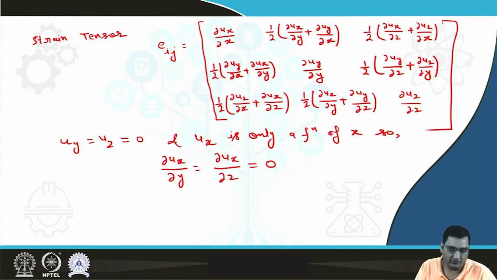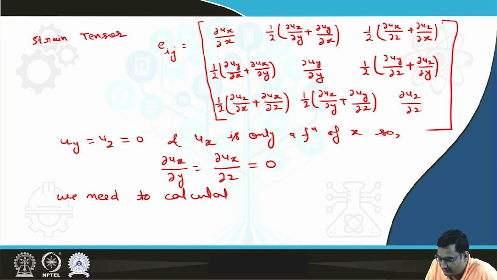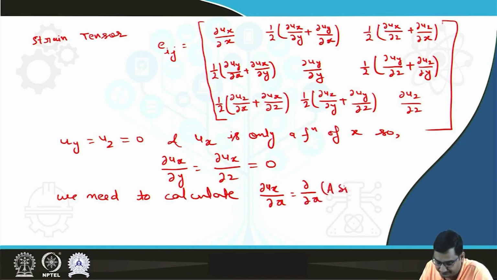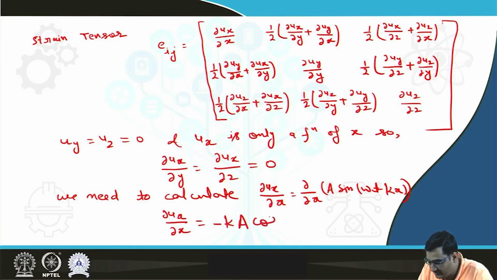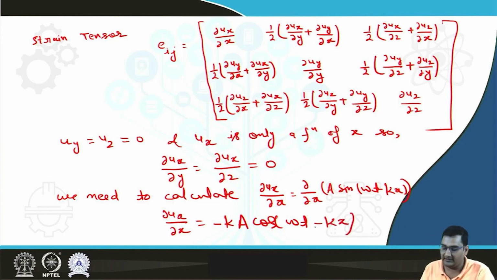Hence we need to calculate only del ux by del x, and we know ux is a sin(omega t minus kx). So when you solve this, del ux by del x will come out equal to minus ka cos(omega t minus kx).